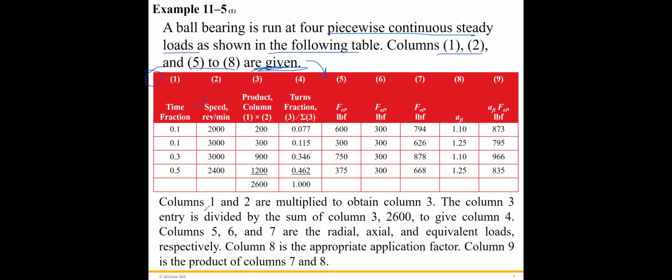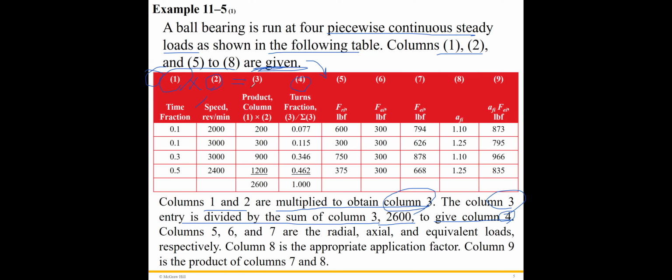Column 1 and column 2 are multiplied to obtain column 3, right? 1 times 2, you get column 3. And the column 3 entries are divided by the sum of column 3, 2600, to get column 4.